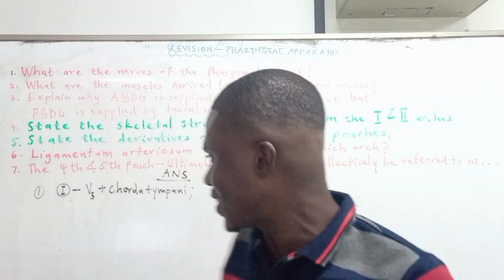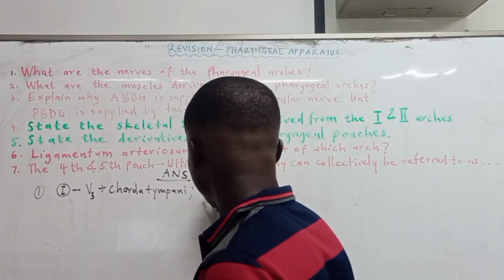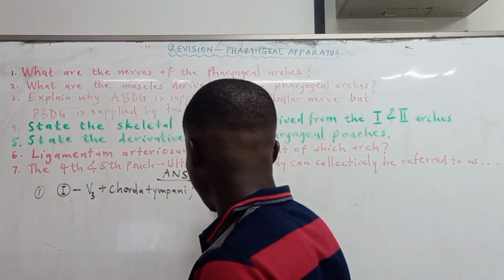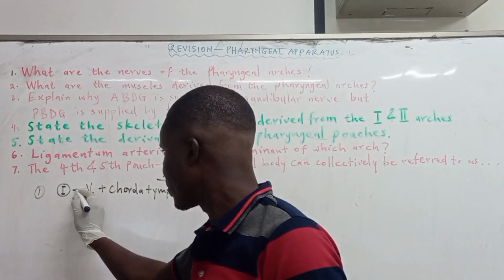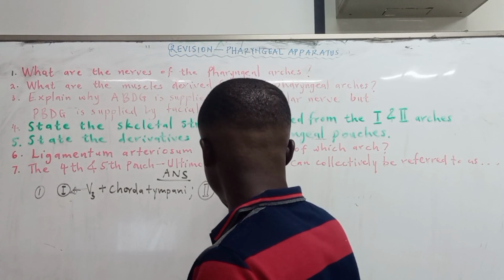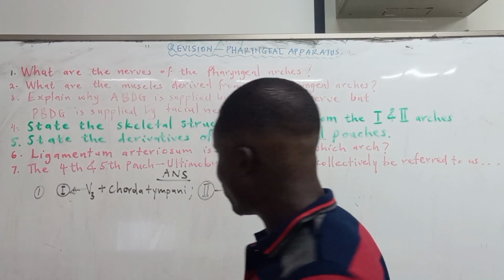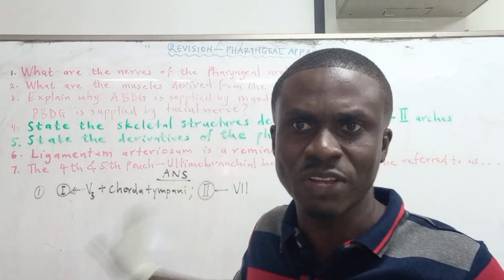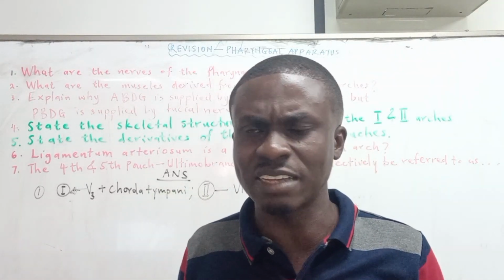Although I will tell you that just from here, the second pharyngeal arch, its nerve supply, is going to come from, this time around, the facial nerve. And the facial nerve is, of course, the 7th cranial nerve. That's what we see. Yes, it's as simple as that.